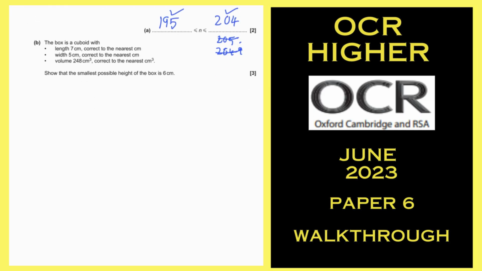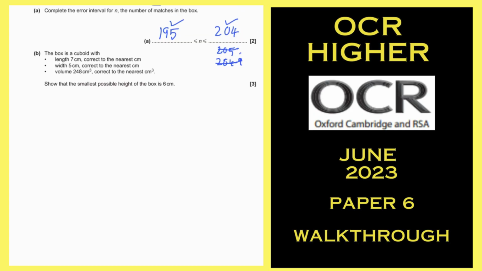Question B. The box is a cuboid, and there we go. I'll let you read them out. Length, width, and volume. Show that the smallest possible height is 6. Now the idea being, let's start off. Volume of a cuboid is length times width times height.